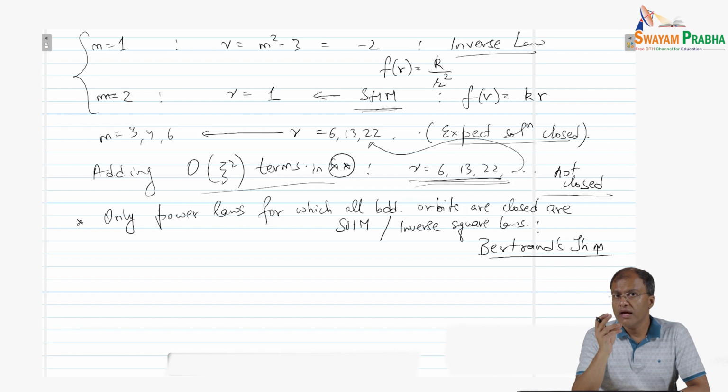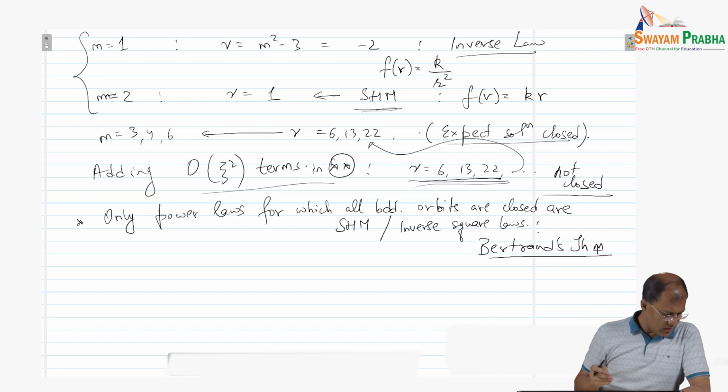Let us look at a real life example, the precession of Mercury, the planet Mercury. Let us add a small disturbance, a small wobble in the orbit of Mercury, and see what happens.